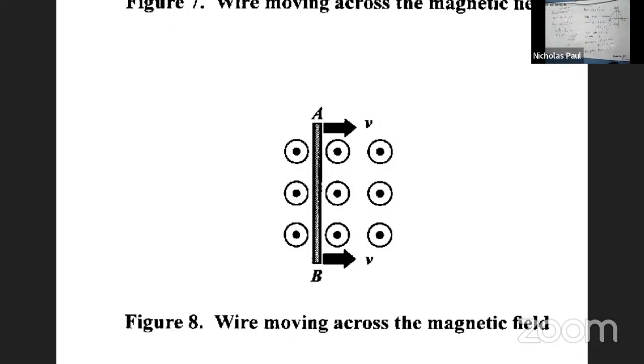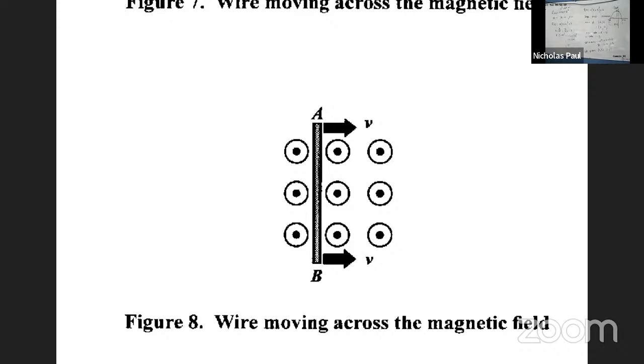What direction is the current? Tell me A to B or B to A. So your force, where is the force? The force is towards me. Do it relative to the diagram. And the magnetic field is where? Out, so this finger points out of the TV.